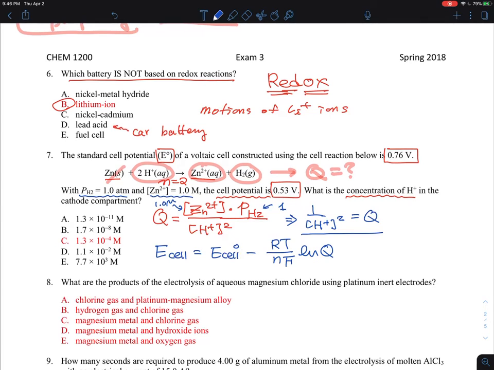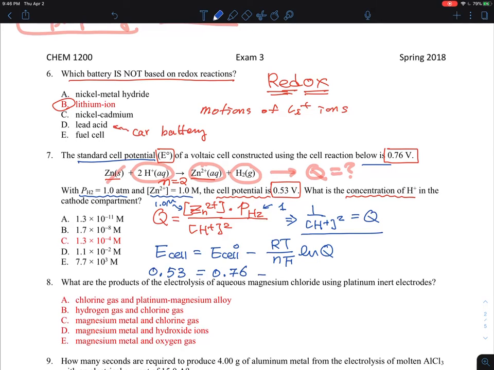The cell potential is 0.53 volts. And this value, 0.76, is the standard E naught.